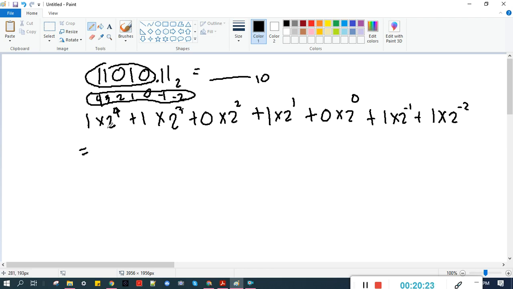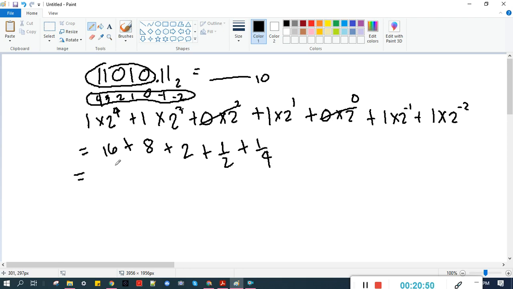This is 16, plus 8, plus 0, plus 2, plus 1 times 2 to the negative 1, this is 1/2, plus 1 times 2 to the negative 2, this is 1/4.